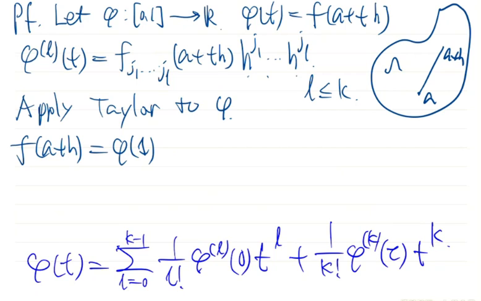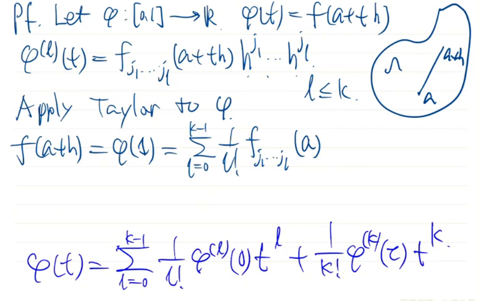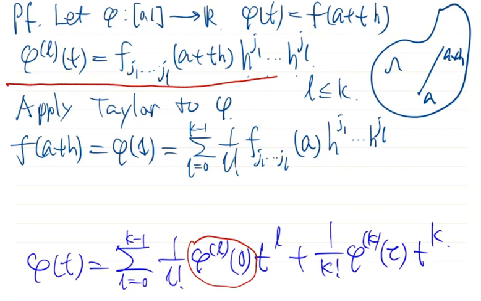Now let t equal to 1 in this formula. We will get phi 1 is the sum from l equals 0 to k minus 1 of phi l 0, which is f j1 jl at a, and h j1 up to h jl. For phi l 0 here, you let t equal to 0 in this formula, you get this.